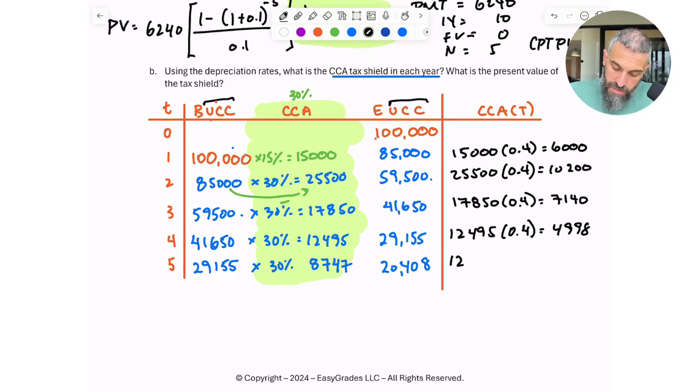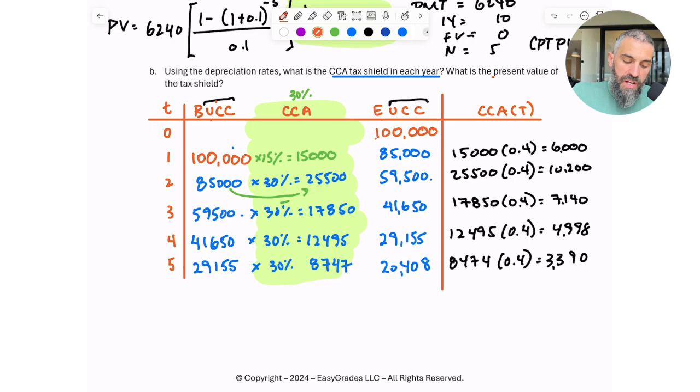And 8,474 times 0.4 is 3,390 if I round that to the nearest dollar. So your tax shield in each of those years is right there.